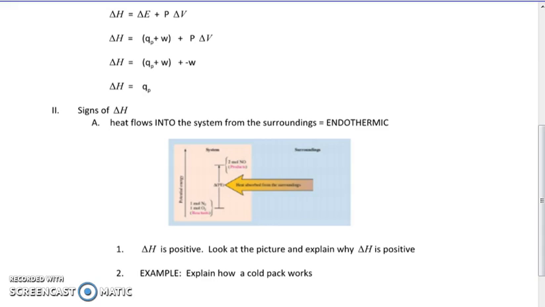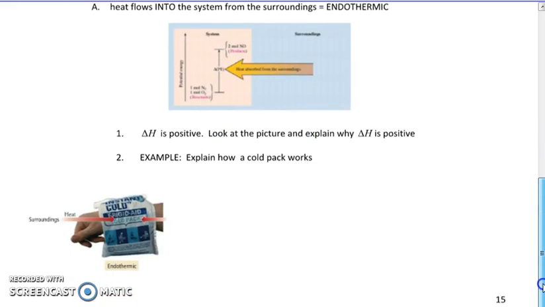If heat flows into the system, it's endothermic, and the sign is positive. So how does a cold pack work? You saw ammonium nitrate in your little baggie. The ammonium nitrate absorbs energy from the water, and so the water gets cold.